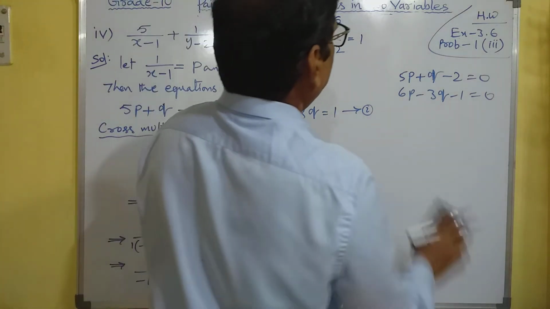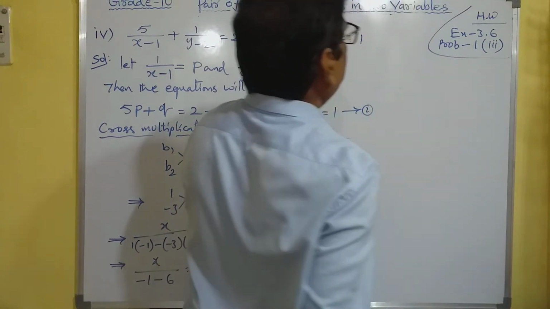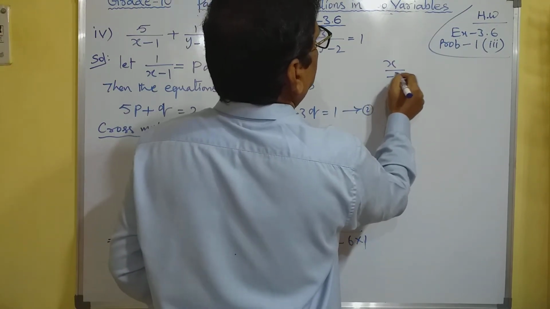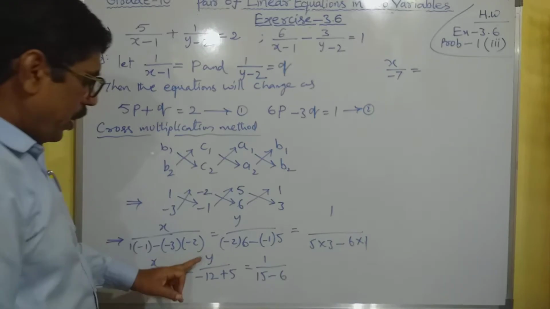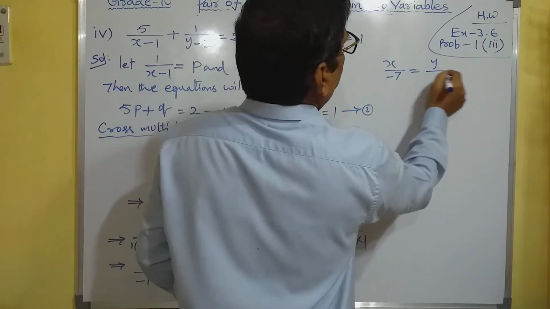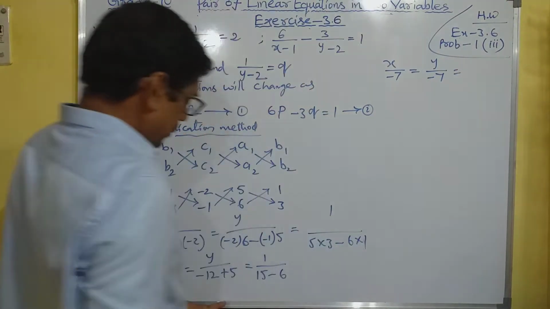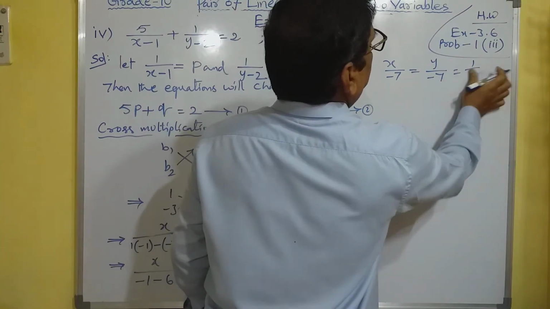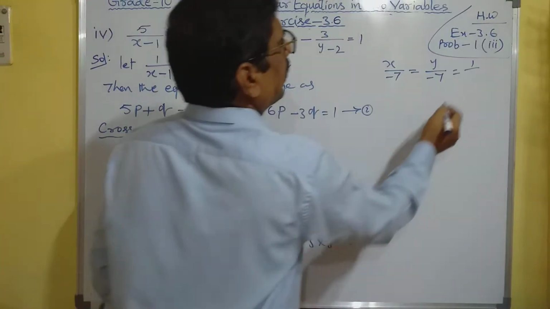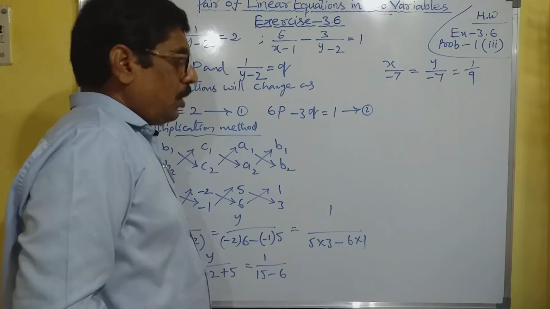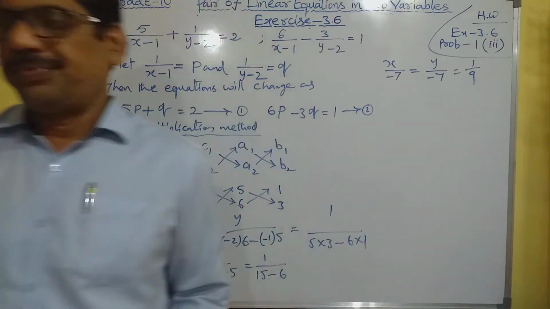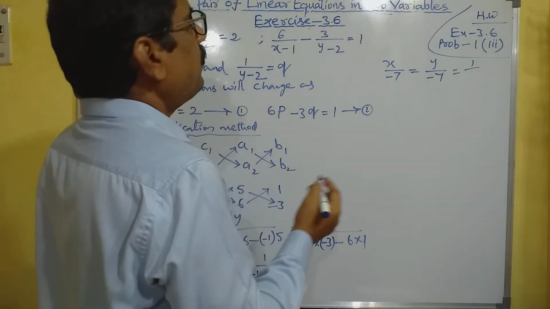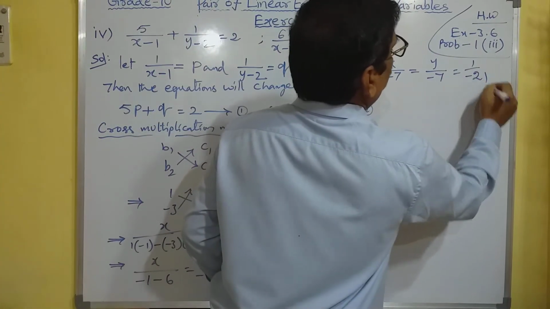Now let us continue here. x by minus 1 plus 6, that is 5... y by minus 12 plus 5 is minus 7, is equal to 1 by minus 15 minus 6 is minus 21.